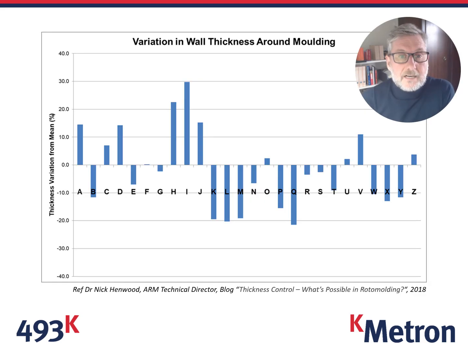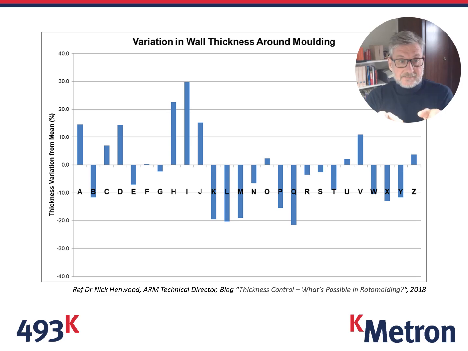Here we have a graph showing the variation in wall thickness of a moulding. This moulding had various internal and external radii, ribs, external and internal as well. And along the horizontal axis of the graph, at points marked A to Z, we can see the thickness variation from the average designed thickness of the part.